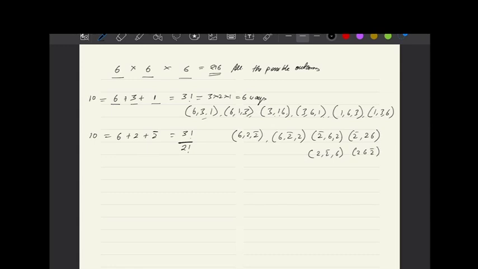So normally this would be the 6 possible combinations, but if you see 6, 2, 2 dash and 6, 2 dash, 2, these are the same thing, the same number being repeated twice, so you can remove one of them. I just gave the dash on top of the 2 to differentiate between the two 2s, but they are the same thing.